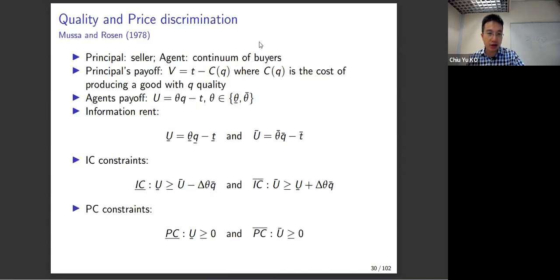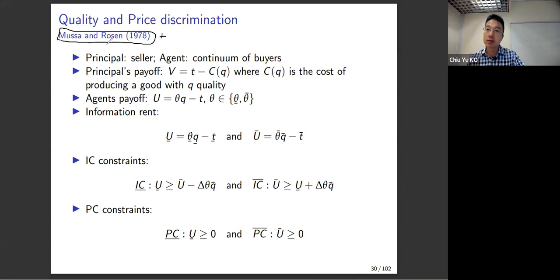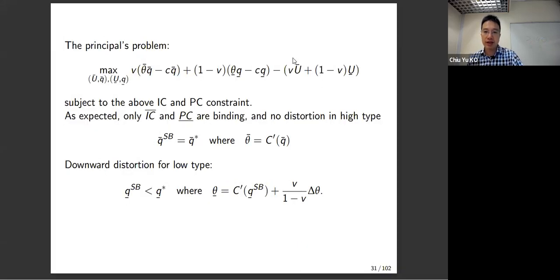So since two of you here are in finance, right? This is the same. This is another paper called Mussa and Rosen. This is also very famous. Okay, just the principal has a quality choice. See? It's quality discrimination. That one was quantity. This is quality, and everything is the same, right? What you would get is a similar model, right? Same as what you see, right? And what you get is rich people get what they want, right?